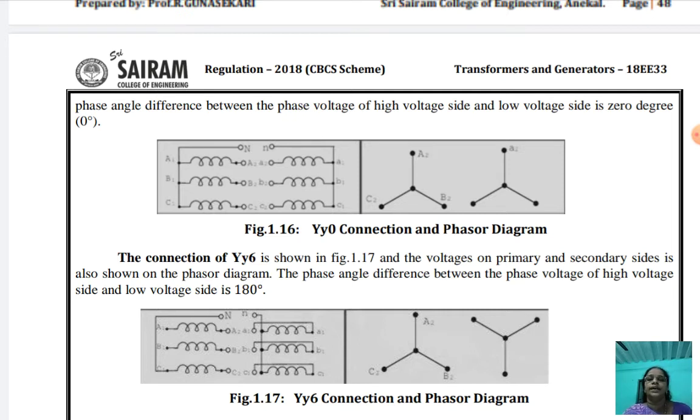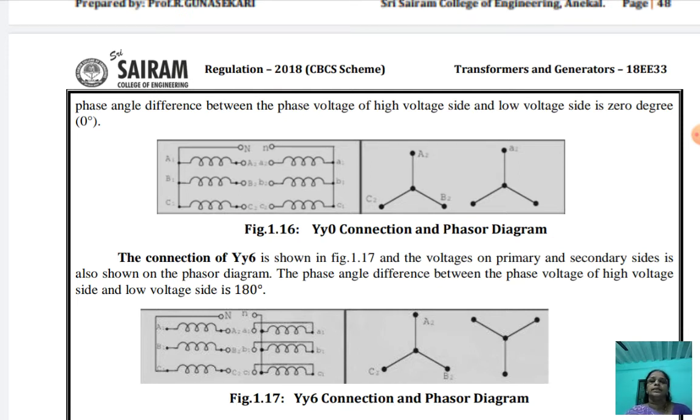Now you see the diagram. On the left-hand side is the winding: capital A, B, C, and then small a, b, c. The small letters label the secondary, and the capital letters label the primary of the transformer only.